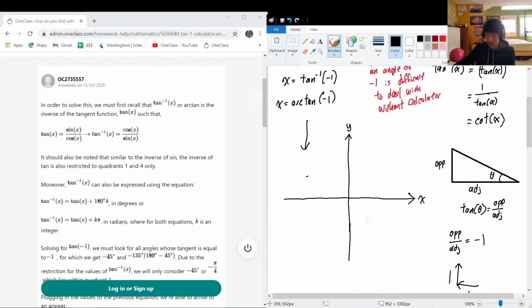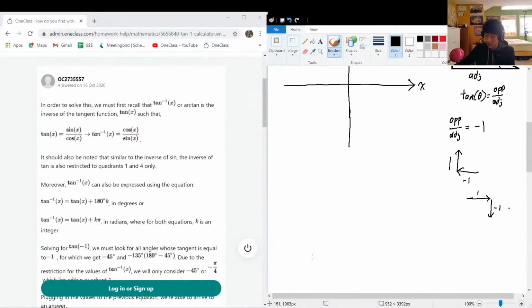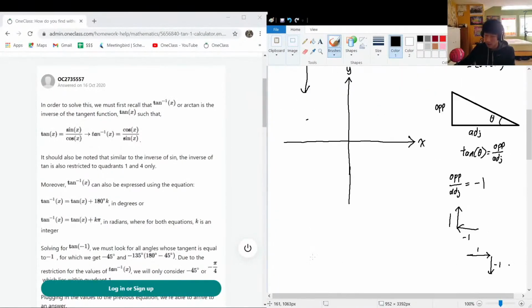Okay, so we're looking for wherever the angle makes it so that we get either one of these. Either we get rise 1, run -1, or we get rise -1, run 1, and this will make opposite over adjacent equal to -1.